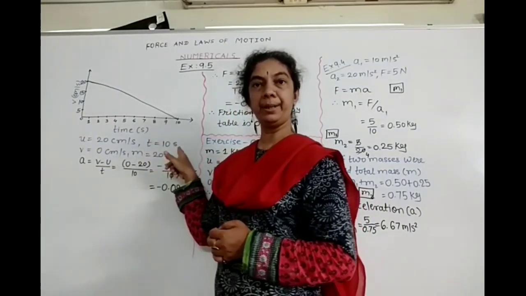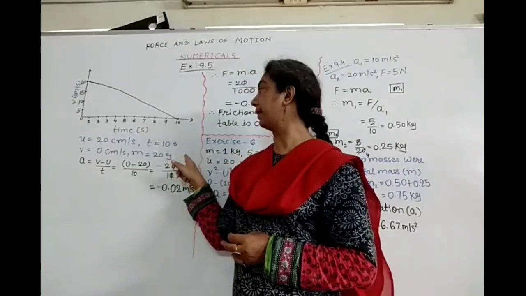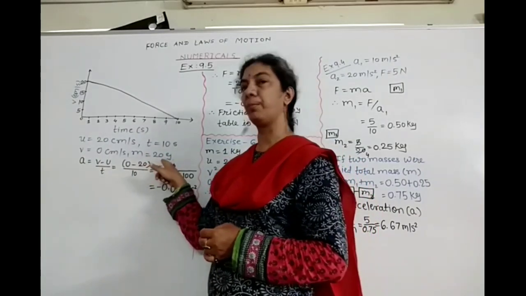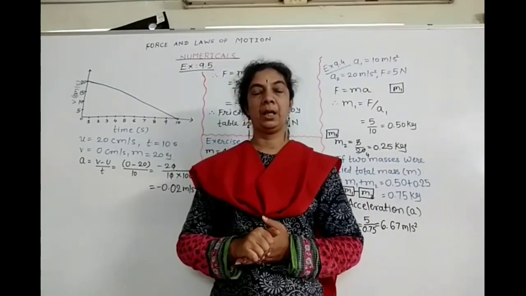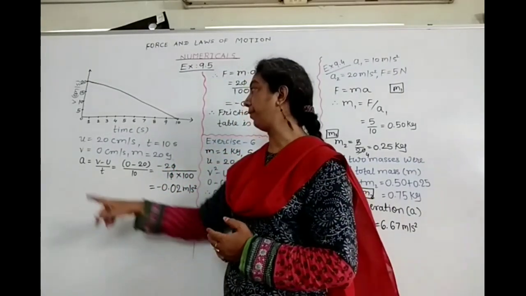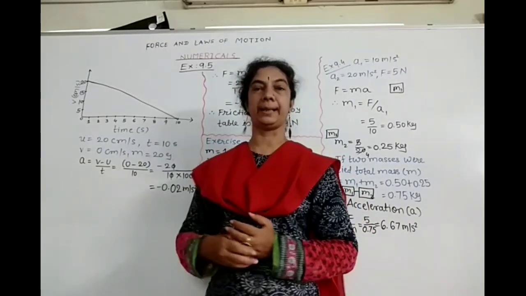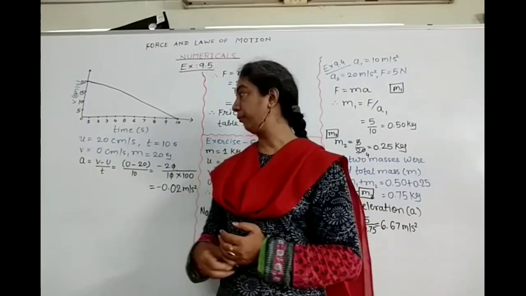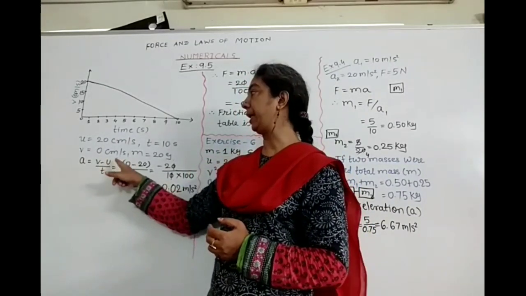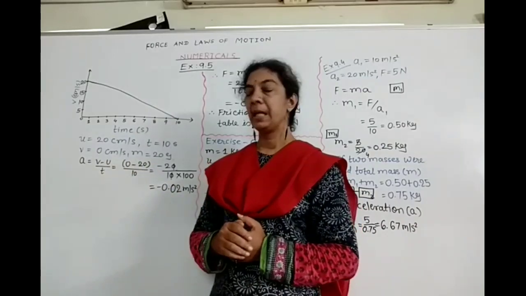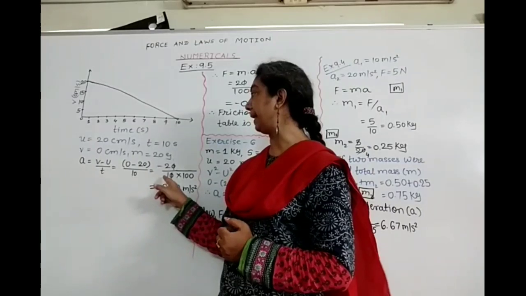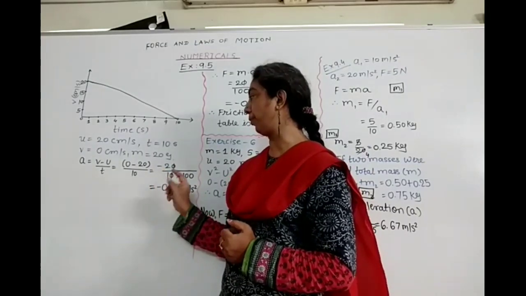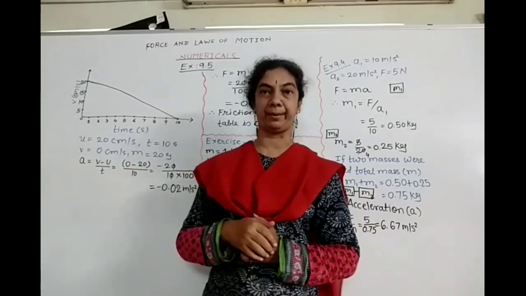So the time is given as 10 seconds and mass of the ball is given as 20 gram. So very first step, we have to find out the acceleration, and for that the formula (V minus U) by T. After substituting all the values, we will get minus 20 upon 10, that is in centimeter.